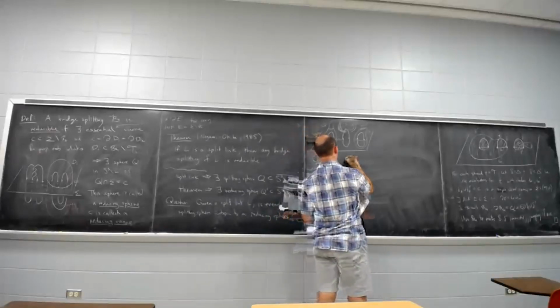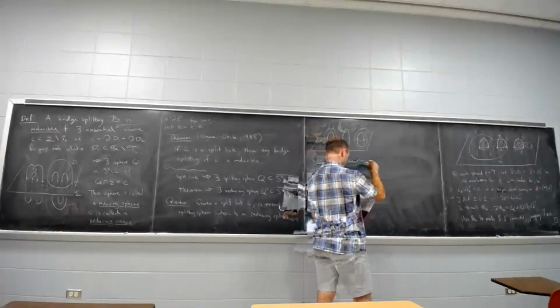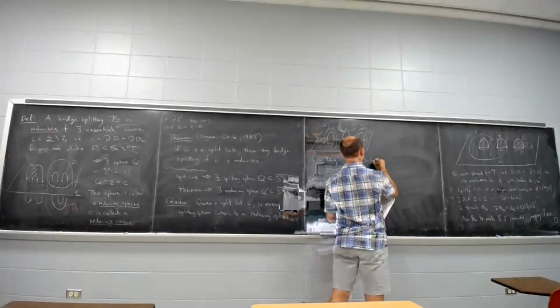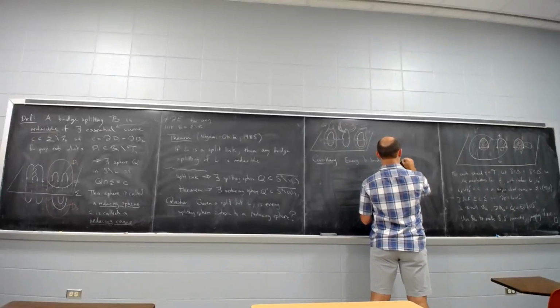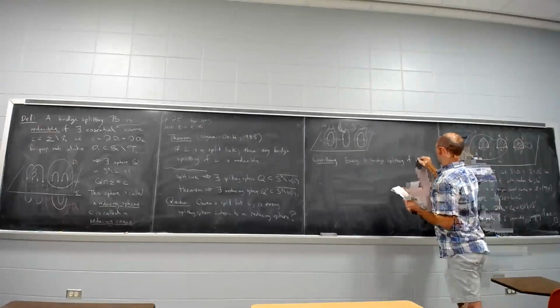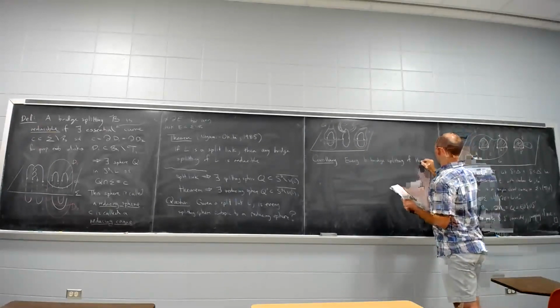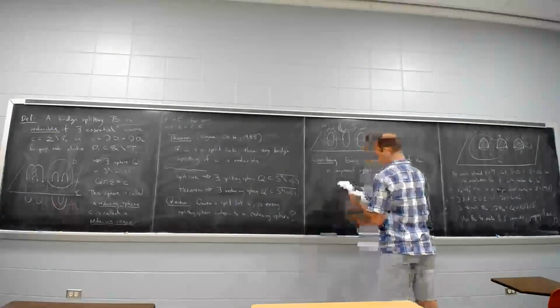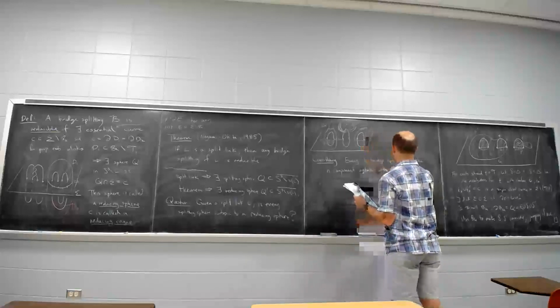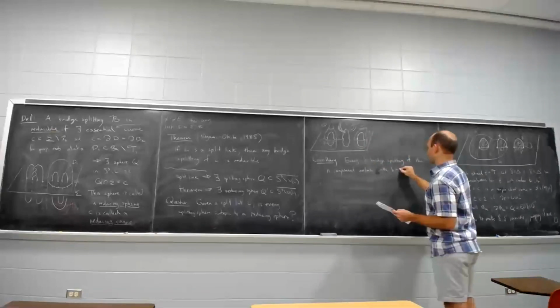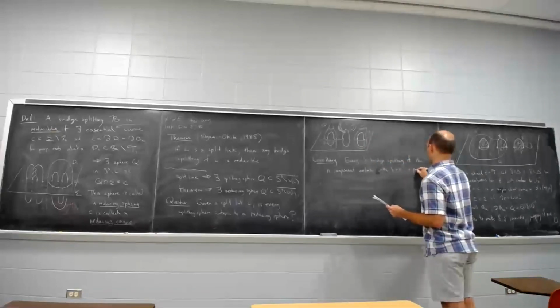So every b-bridge splitting of the n-component unlink is unlinked with b greater than n is perturbed.